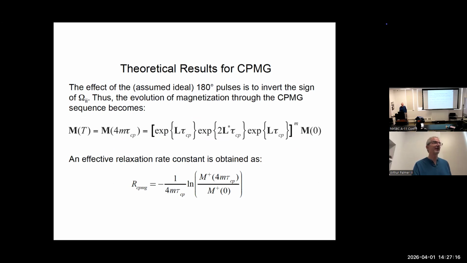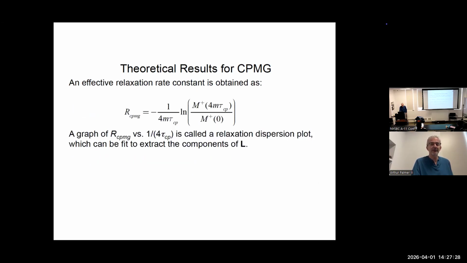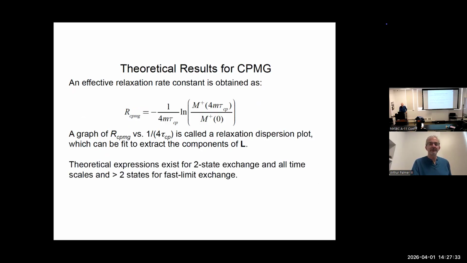And again, it could be a computer calculation or an analytic calculation. This problem has been solved for 2 sites. And then there are approximations for more than 2 sites. But again, most times these days, this would just be a computer calculation. And if we do the experiment and measure the rate constant as a function of the time between pulses, that's called a relaxation dispersion experiment.